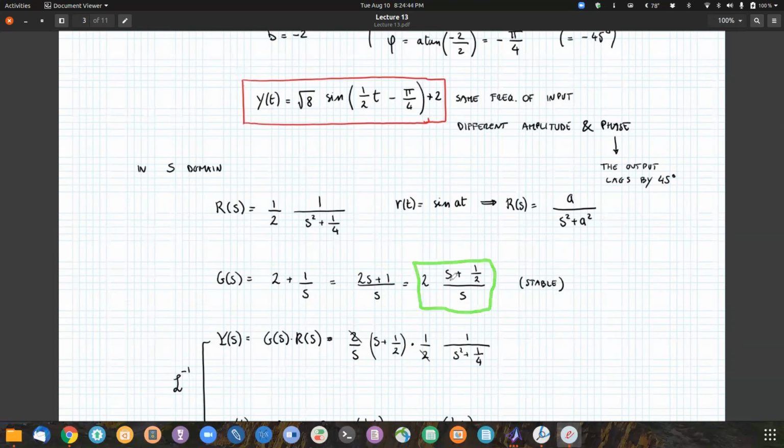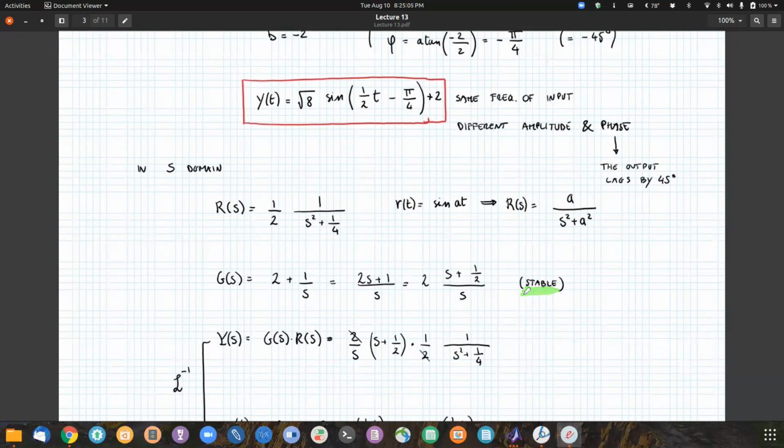So we have 1 zero at -1/2, kind of irrelevant for the stability purpose. And we have 1 pole at the origin, making the system marginally stable. So please modify here.